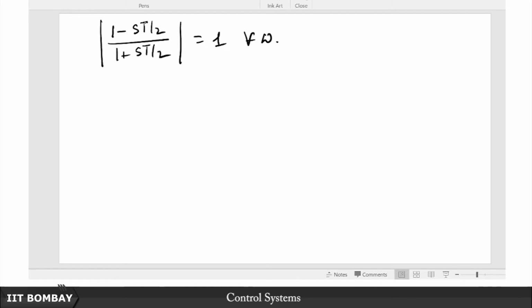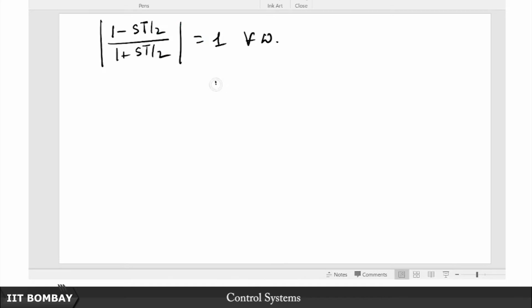We have seen this in the Bode plot, because the corner frequency is at 2 by T, and at 2 by T you have both the corner frequencies, the pole and the 0, so effectively it is like a flat line. So what if instead of having this gain k, we were to add a term such as this? Let's try and understand this in the light of our new revelations.